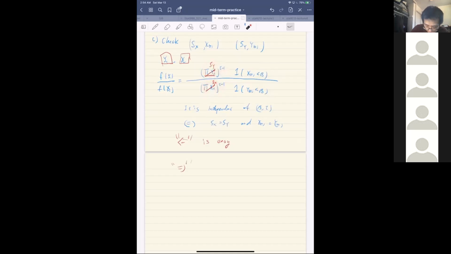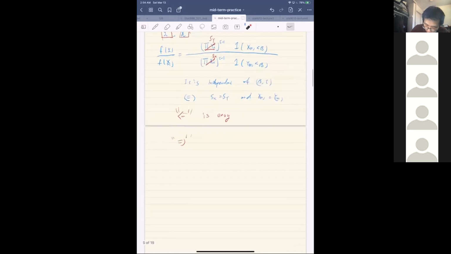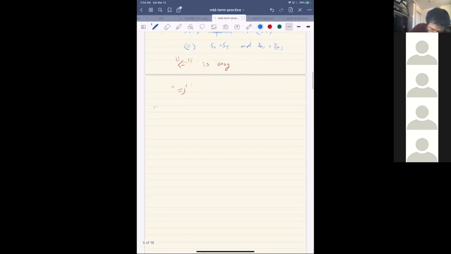So in that case it's if and only if, and then we can say they are minimal sufficient.